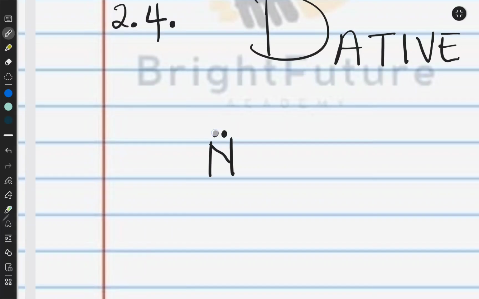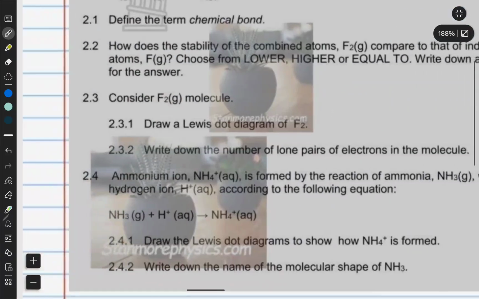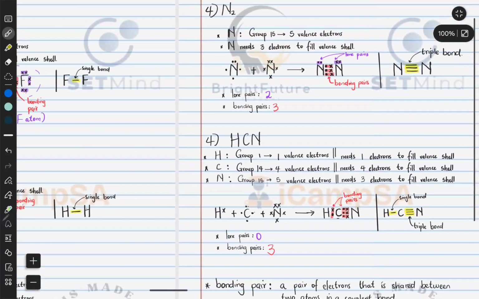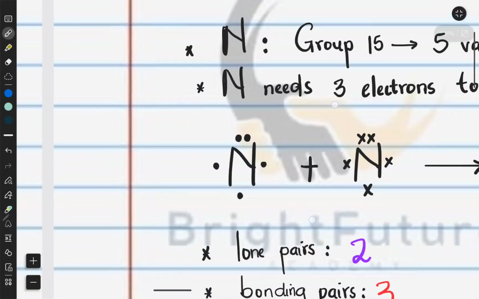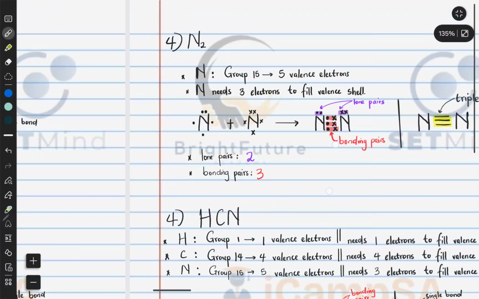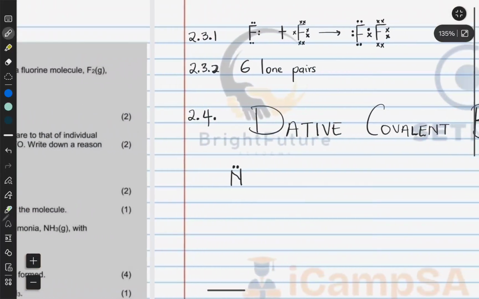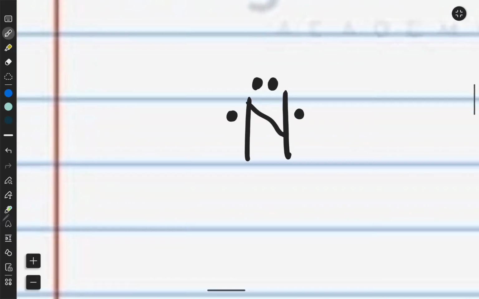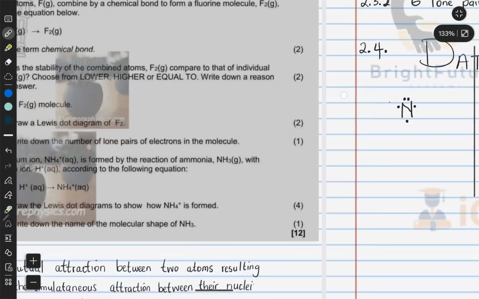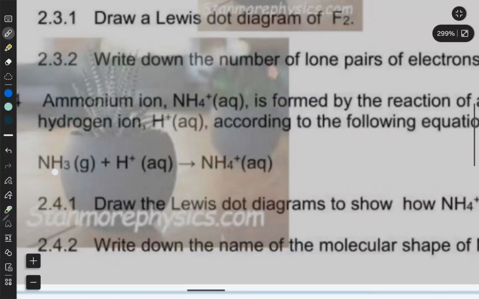If you remember from our example, N has 5 valence electrons with one lone pair, and H obviously has 1. So let's draw N. NH3 will have 3 hydrogen atoms.